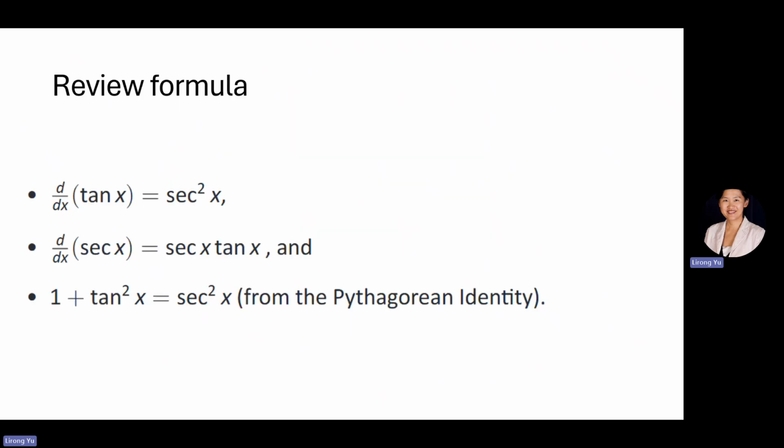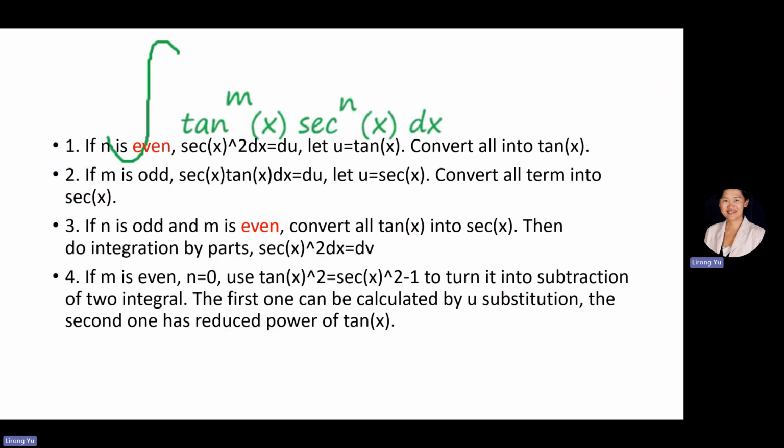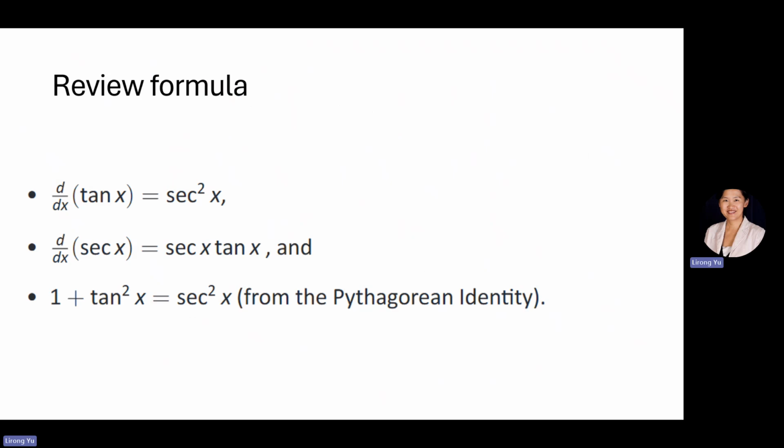So now, when we were talking about all these strategies, underneath we have a couple of things to remember. Derivative of tangent equal to secant square. That means integration of secant square will equal tangent. Derivative of secant equal to secant times tangent. That means integration of secant times tangent will equal secant. So we have something to remember.